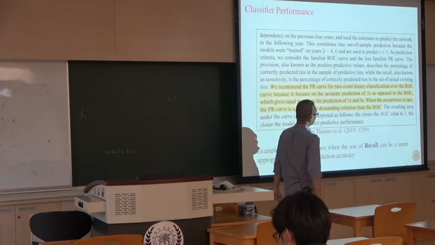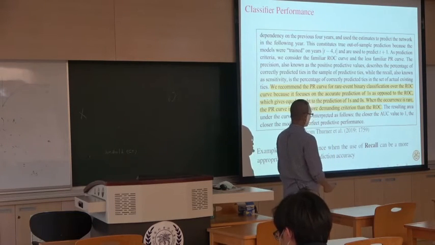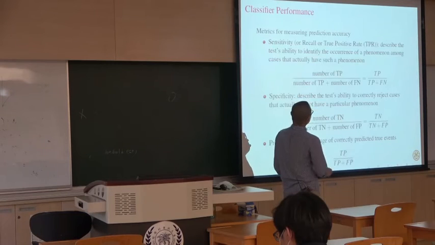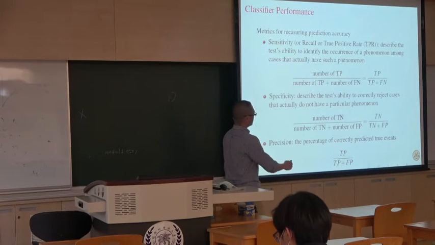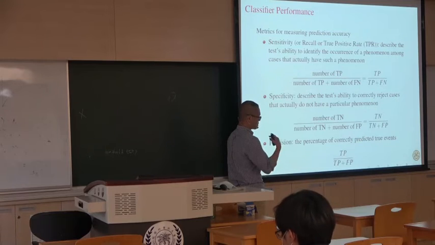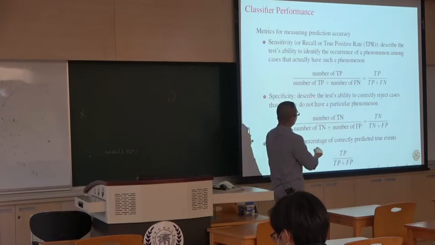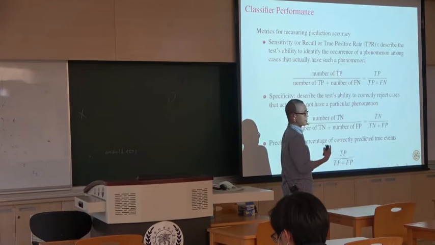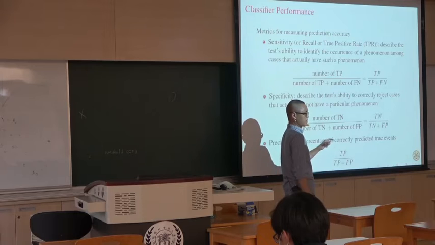So here, because the subject that we are studying is a rare event, using sensitivity or recall could be more relevant, because we only study the percentage of correctly predicted events from the subset of cases that actually have such an event, so that we essentially narrow down the population.